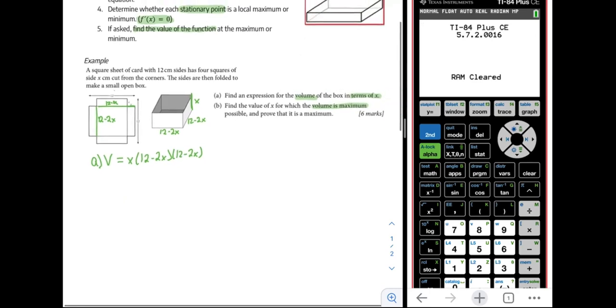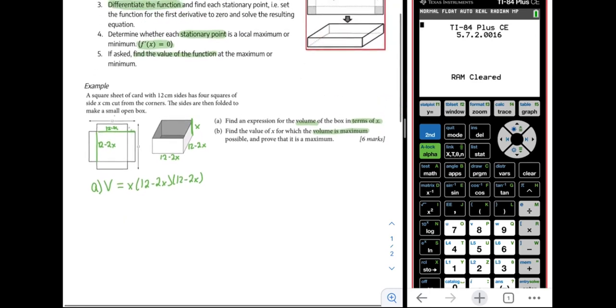Awesome. Now that we have a function, we now need to do step 3, which is to differentiate our function. Well, differentiating our function, we're going to need to first rewrite this expression so that it's in a form that we can actually differentiate, meaning we need to have x to the power of something for all of our terms.